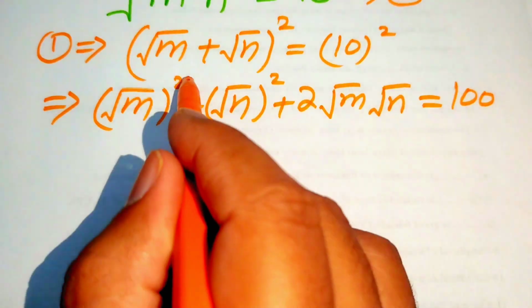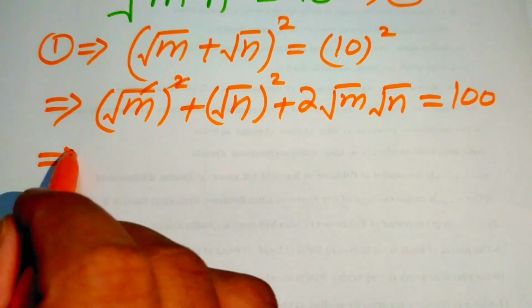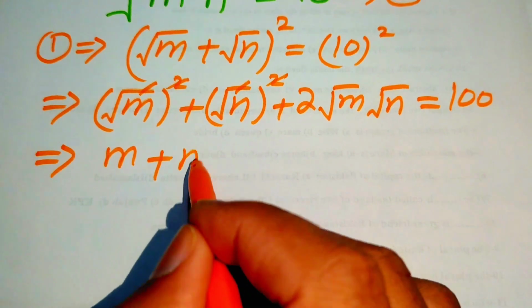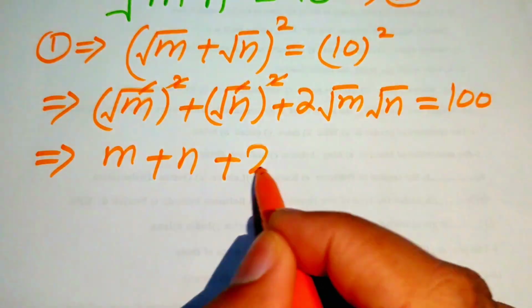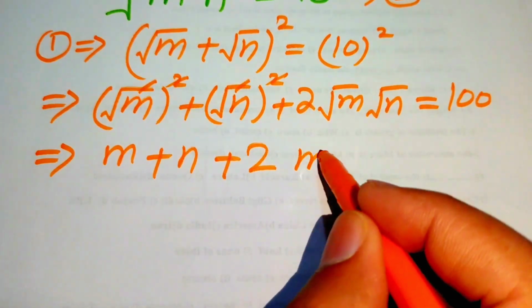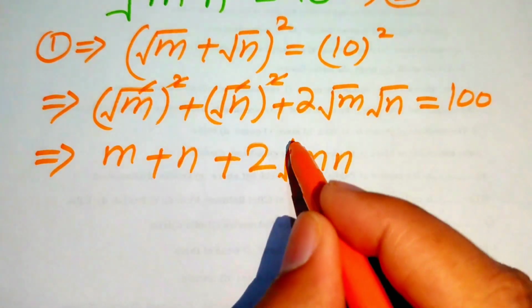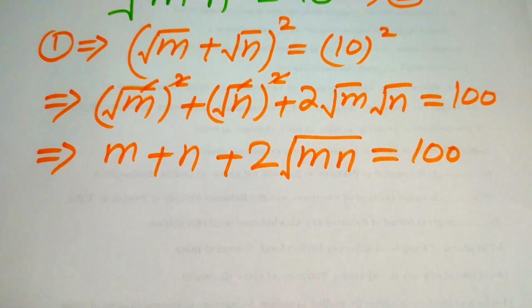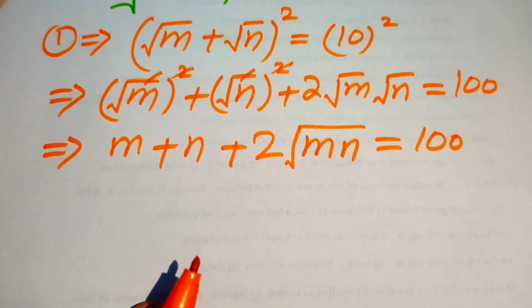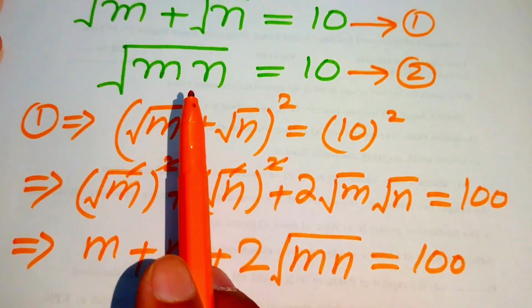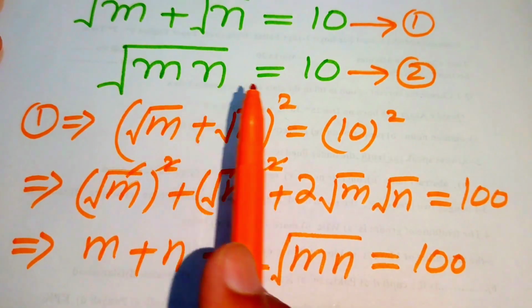In the next step, you see the 2 and square root are gone, and we get m plus, the 2 and square root are gone, we get n, and plus 2 times, we combine the square root of both of these terms and write it as square root of m times n, equals 100. In the next step, we use equation number 2, where we have the value of square root of m times n is 10.